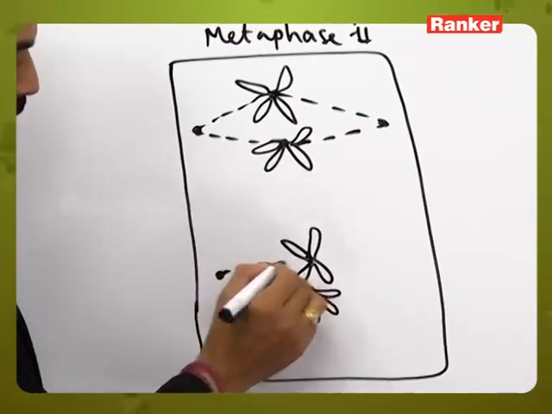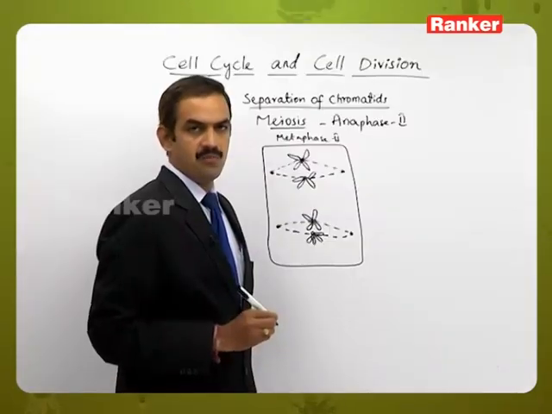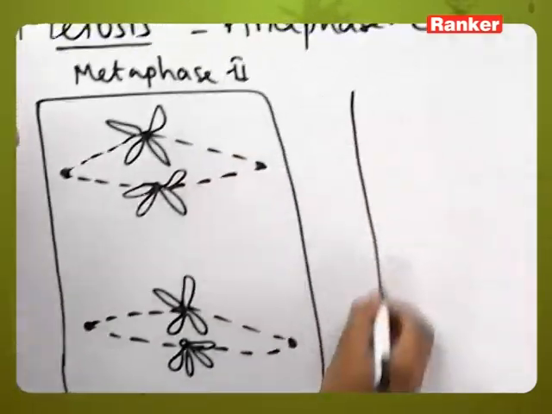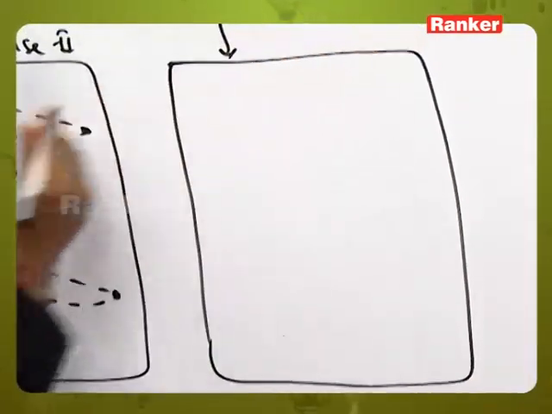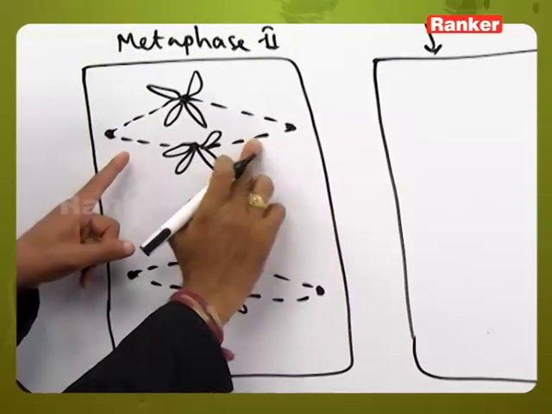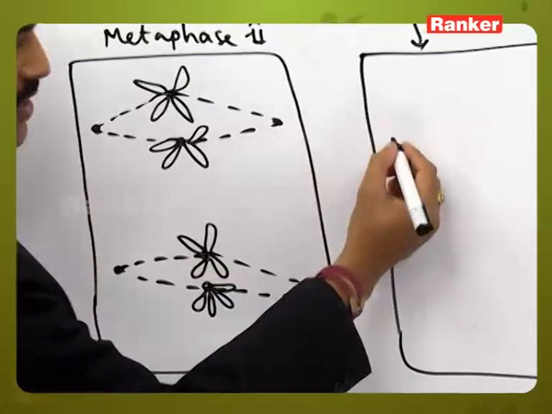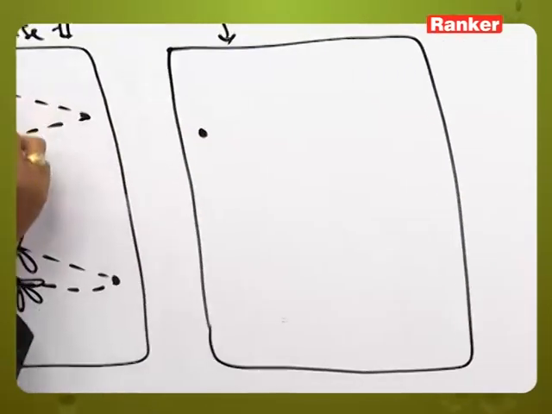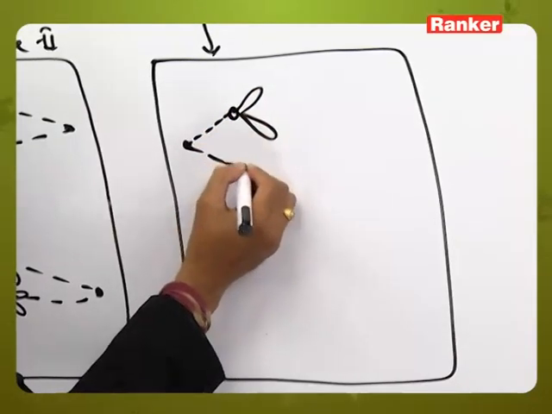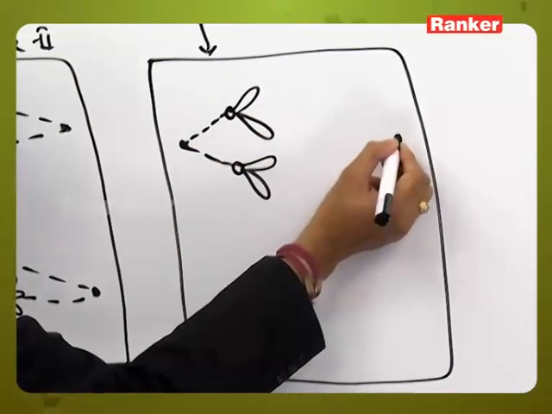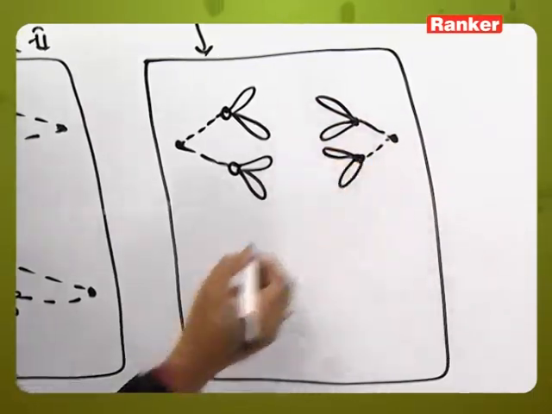The same thing is happening as in the anaphase of mitosis, where during anaphase 2, this spindle will try to pull the chromosomes towards this side, and this spindle will try to pull the chromosomes towards this side. Because of this, the chromatids will split, and the two chromatids will get separated from each other like this.